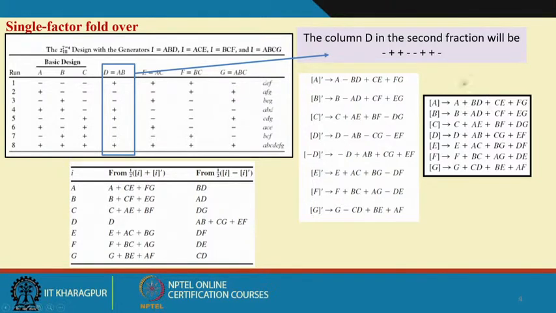Now, from the first fraction the alias structure is this right hand side. For the second fraction, when you go for sign reversal of column D, this is the alias structure. If you use these two and do a little arithmetic, you see that D is de-aliased.